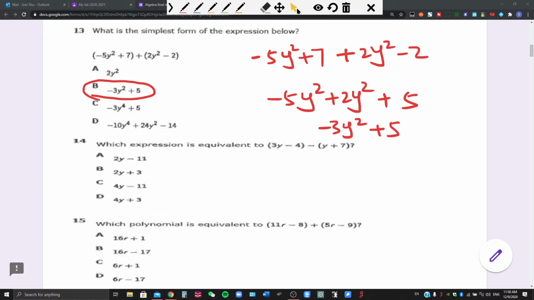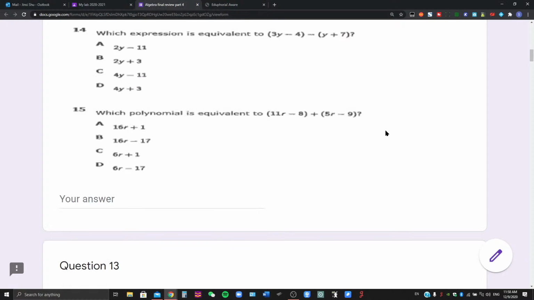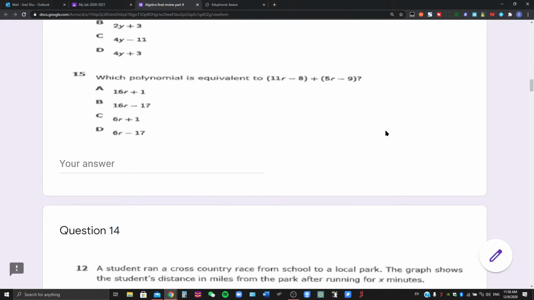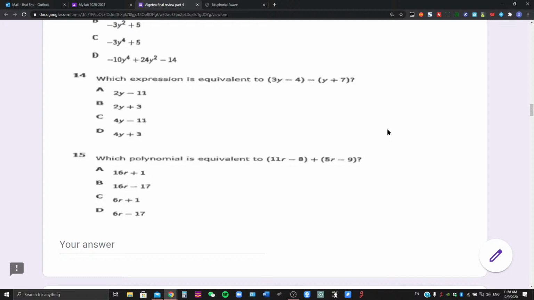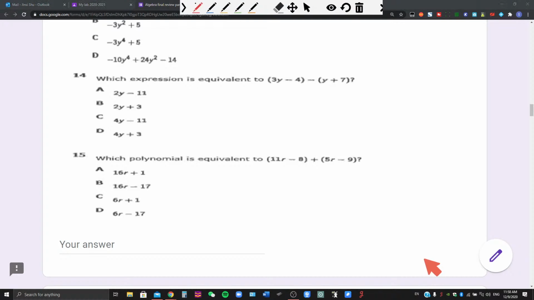Next. Let's go to question 14. Which expression is equivalent to this? Again, we need to unpack. So this one, there's nothing outside, so you can just write them.